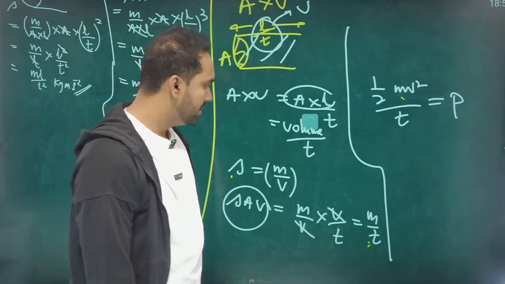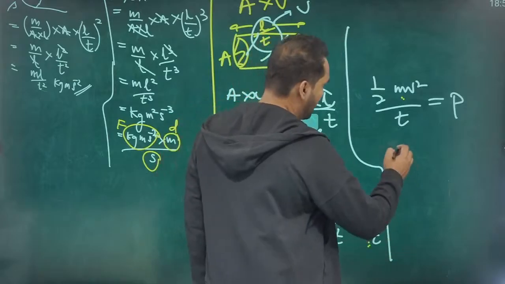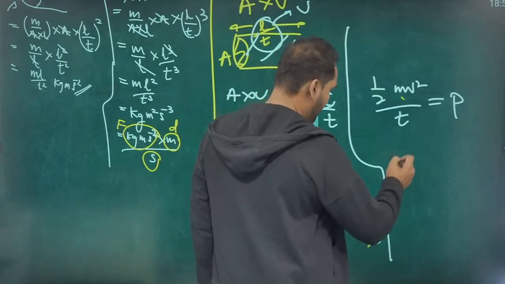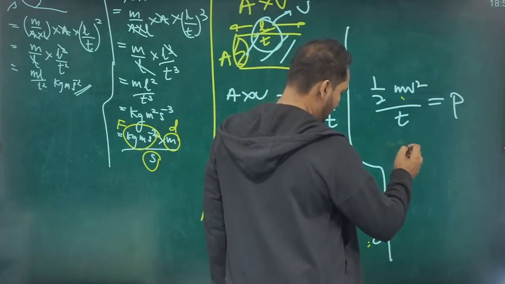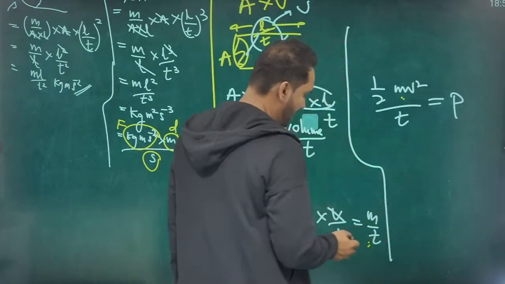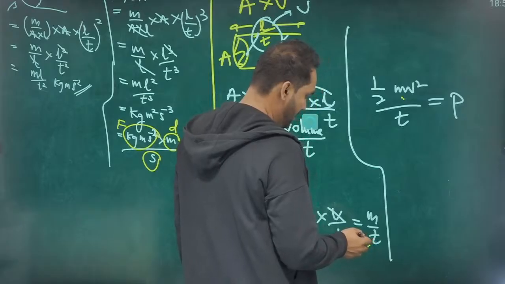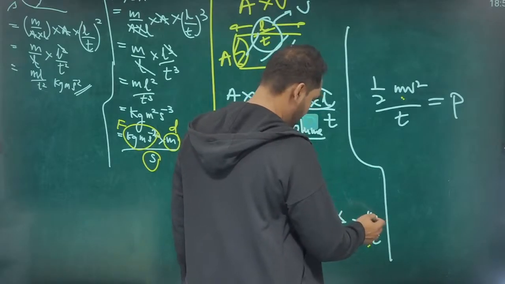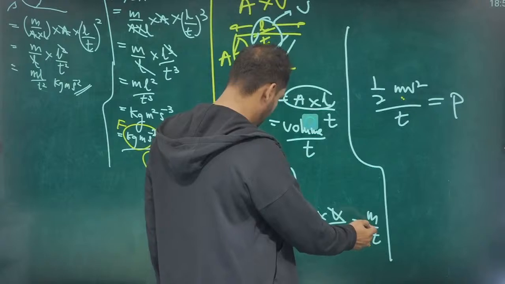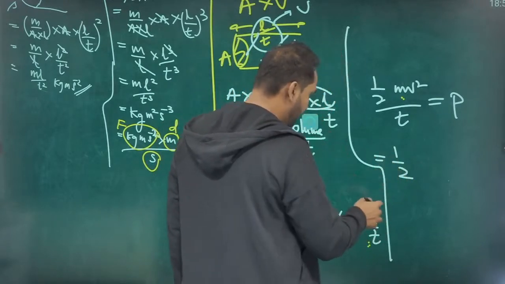So to convert this into half mv square, what we have to do is take v square, and this is mass over time. If we take the kinetic energy, that will be half m v square.